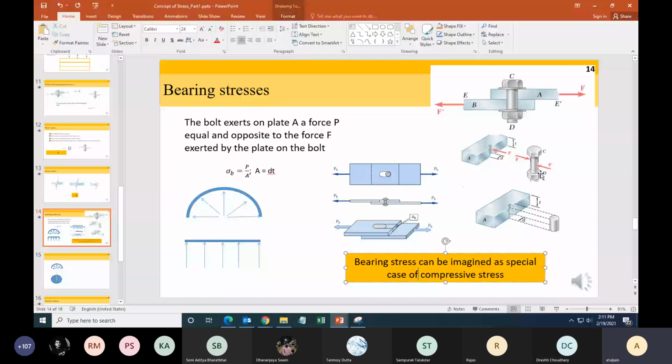I'm looking at this free body diagram and I'm saying shear stress is F by A. Sir, if we look at the free body diagram of the pin, there are two forces, so we will calculate for the two forces or only one force?